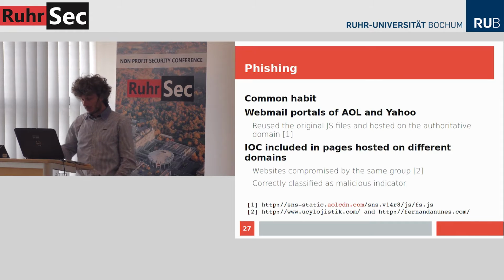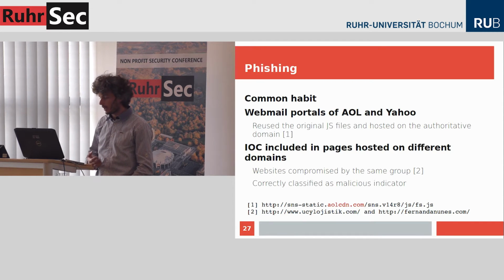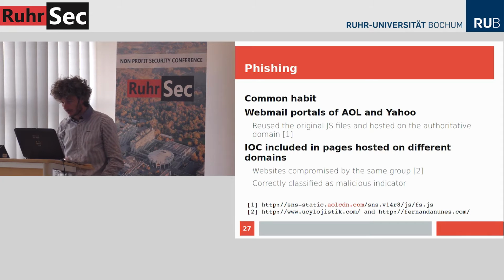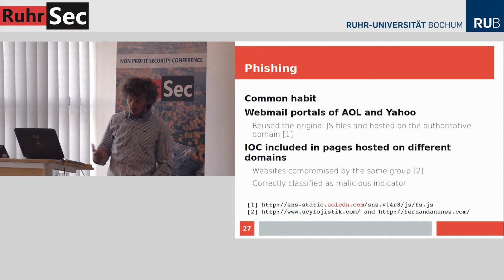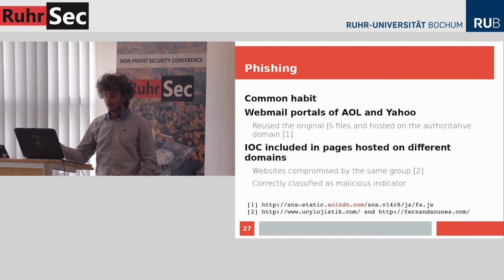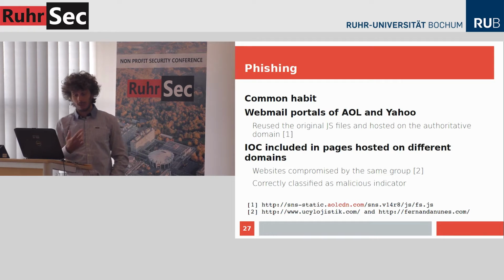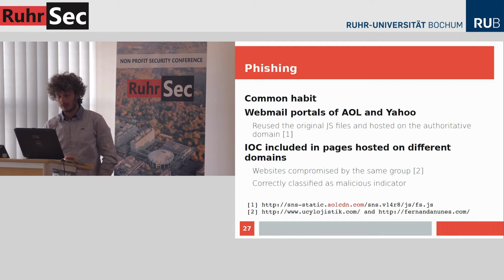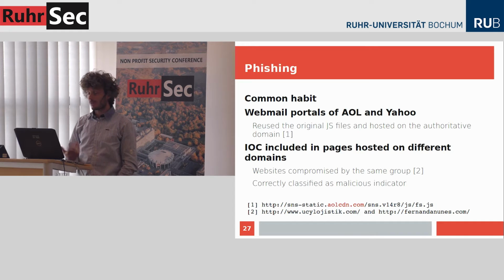So I'm pretty proud of the system that was actually able to identify these cases. And how do we do it? We do it with the fact that there were multiple websites that were being compromised by the same gang, such as UCI logistic.com and fernand.whatever.com. So the system automatically flags that as bad because you have multiple domains that are different from the first domain there, American Online CDN.com, and that's something rare.